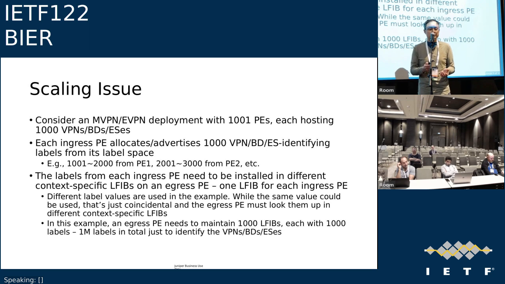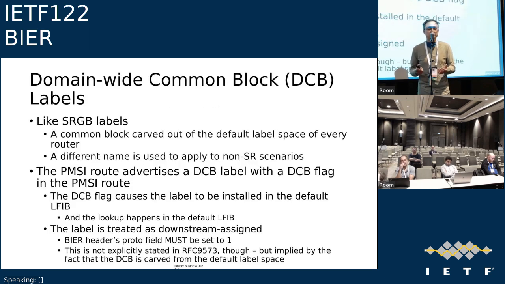To solve this problem, we introduced this concept of DCB label, or domain-wide common block. I suppose people are familiar with the SRGB labels. This is the same thing. We call it a DCB with a new name because we don't want to tie this to SR. This concept and this solution applies to non-SR networks as well.